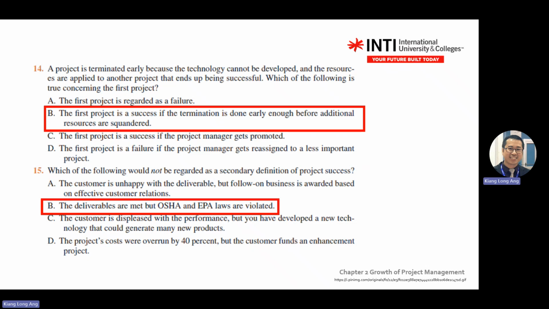It means you get the next incoming business or project. That also means success, because the customer actually gives you a chance, right? In this one, deliverables are met, but OSHA and EPA are internal processes. If you violate them, it means you have failed the secondary definition.